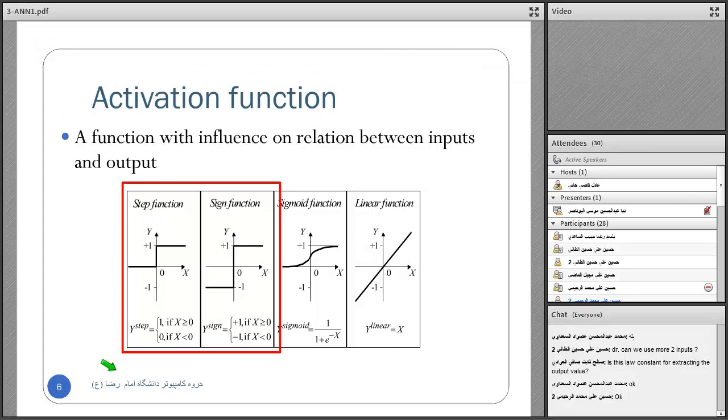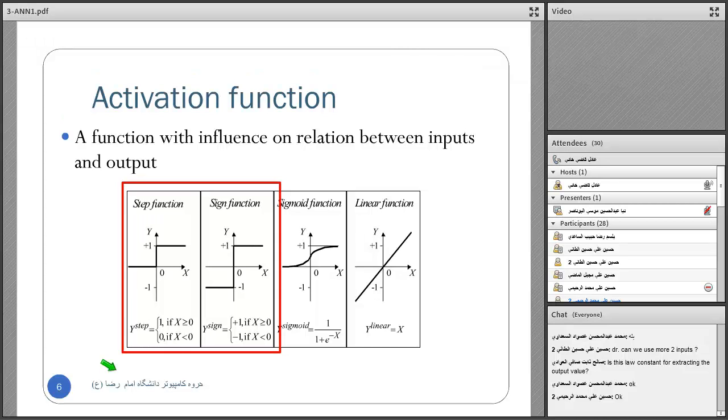Okay, the activation function is a function which is used in the computation unit, and the output of the computation unit depends on the activation function.